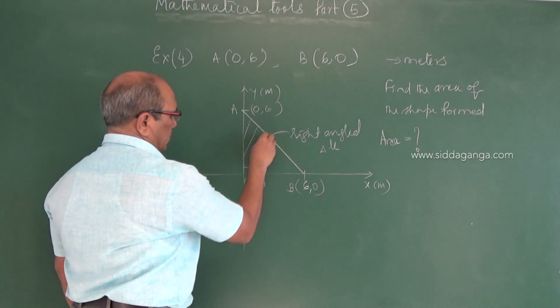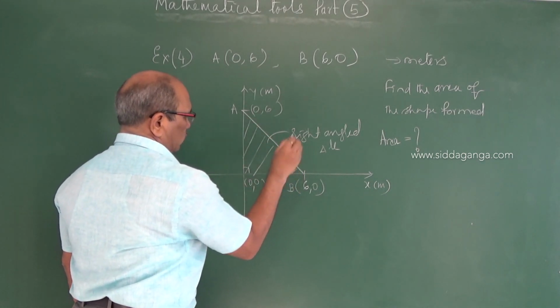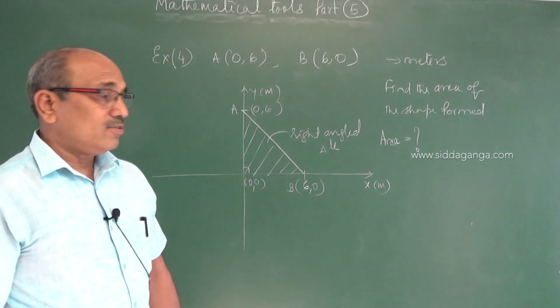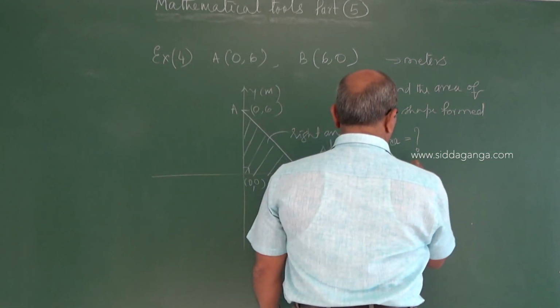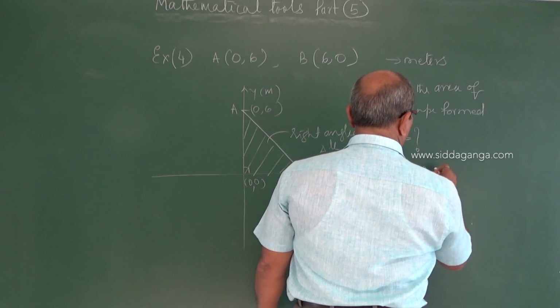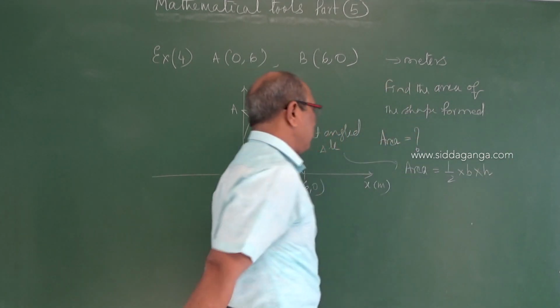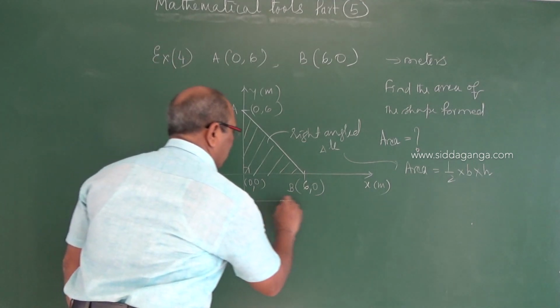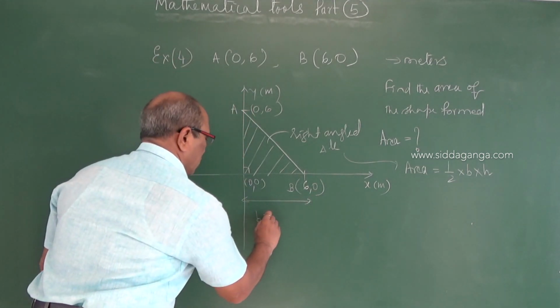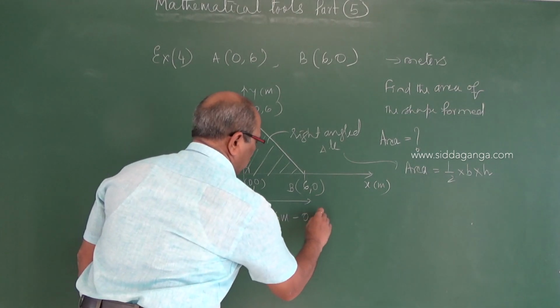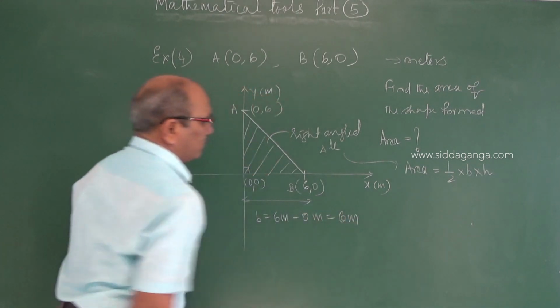Now this is the area enclosed by this curve. You know the area of it is equal to half into base into height. How do you calculate the base here? 6 meter minus 0 meter is 6 meter.